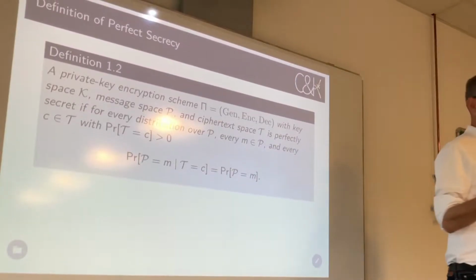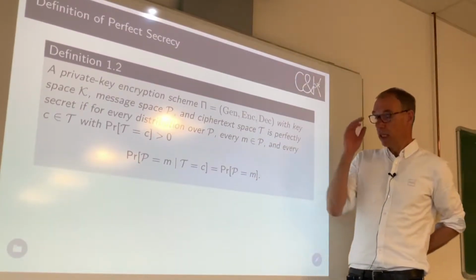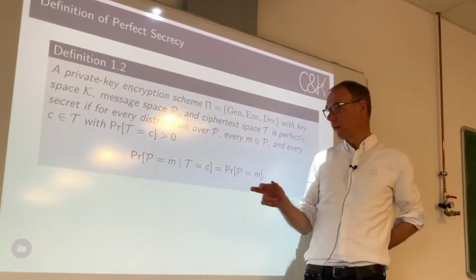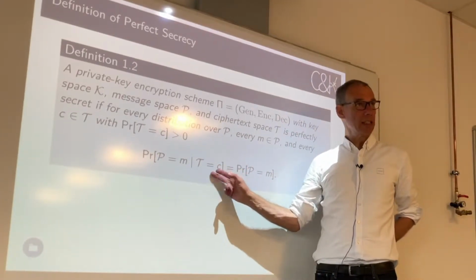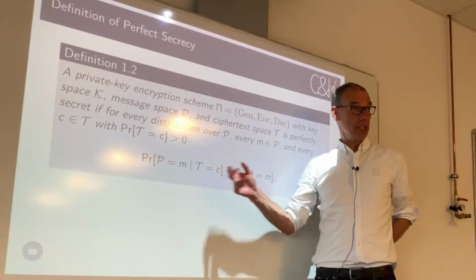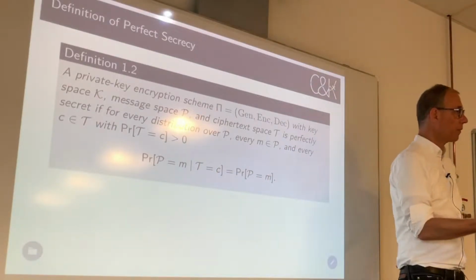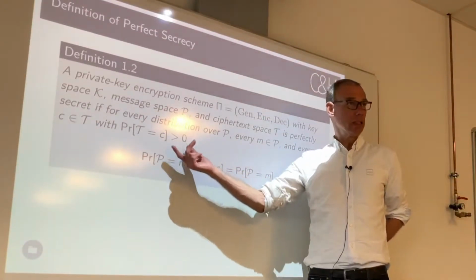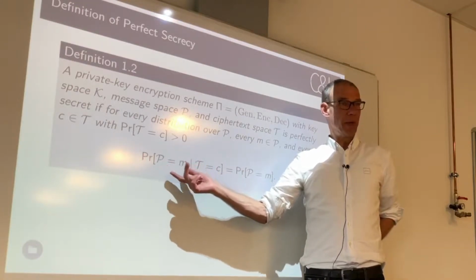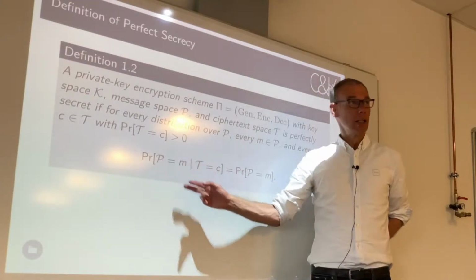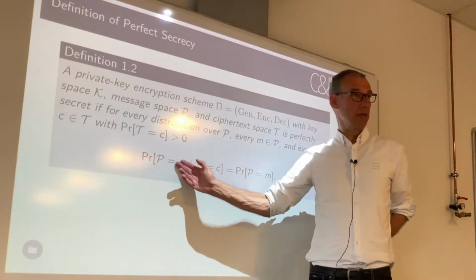of the message M conditioned on the ciphertext being C is the same as the unconditional probability for the message. The idea is that an eavesdropper, an attacker, an adversary, sees the ciphertext, so he knows what this is, that's why we condition on it, and then he wants to guess what the message is, and this is the probability that he has for each message.